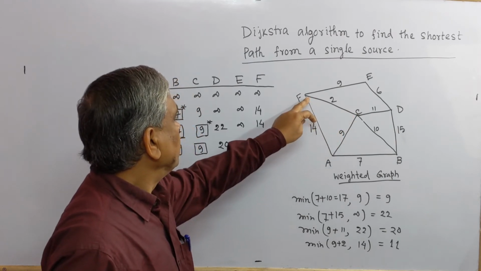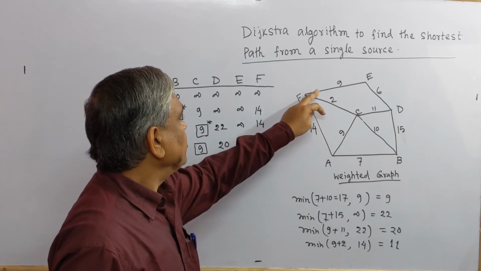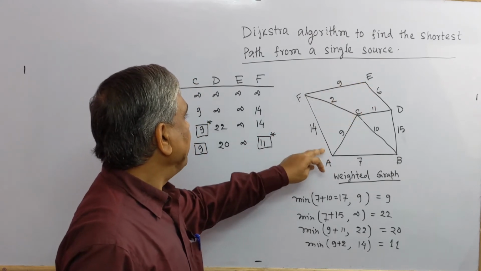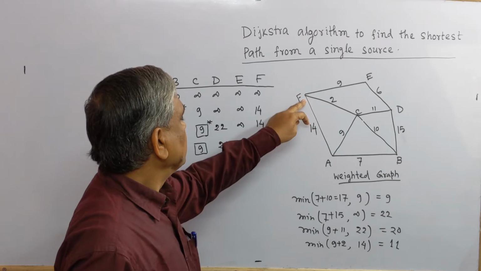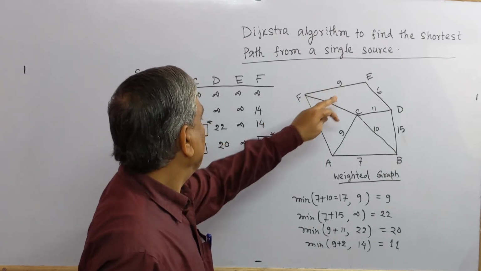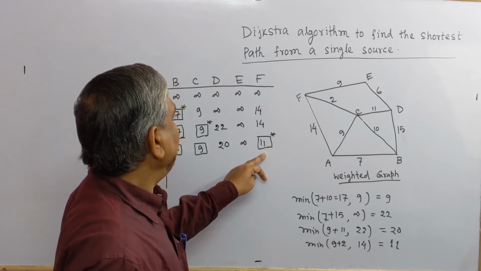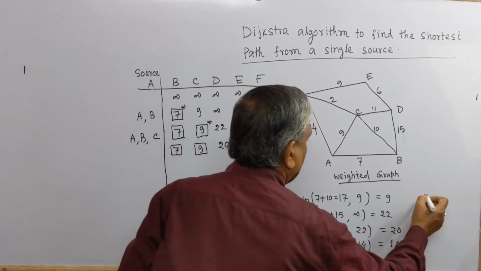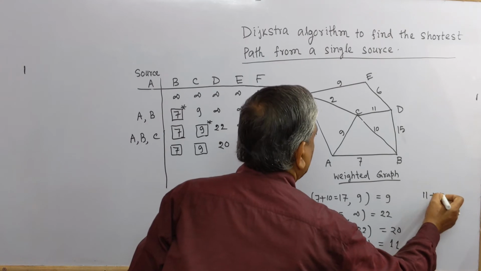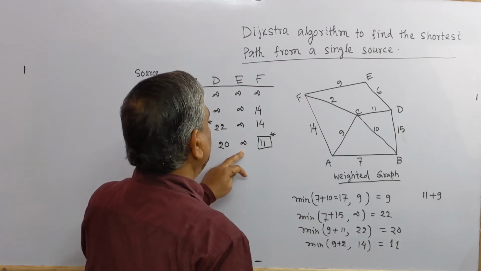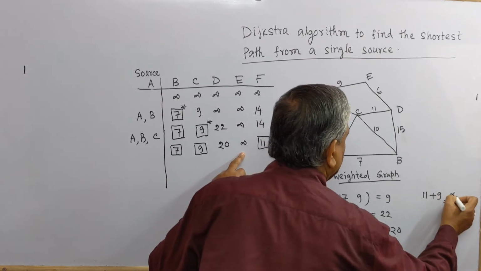So we find the distance of vertex E from A via F. So here 9, already it was 11, and 11 plus 9, and previously it was infinity.